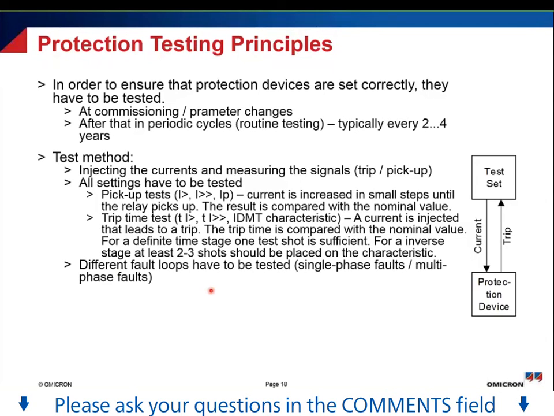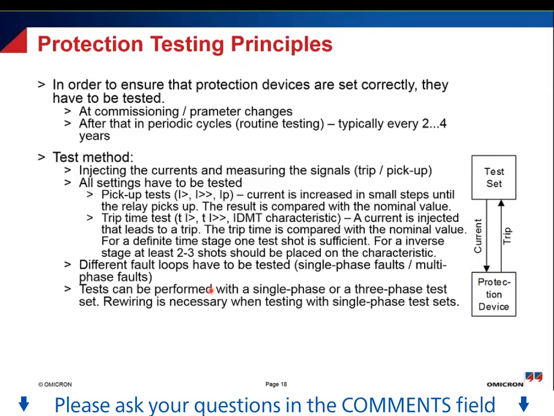Next thing is that also different fault loops have to be tested, because protection devices are digital devices, and oftentimes there is different logic for single-phase faults and multi-phase faults, so 2 or 3-phase faults. So you're not only done with just one fault loop, you need to test different fault loops. Therefore, the test can be done with a single-phase or 3-phase test set.